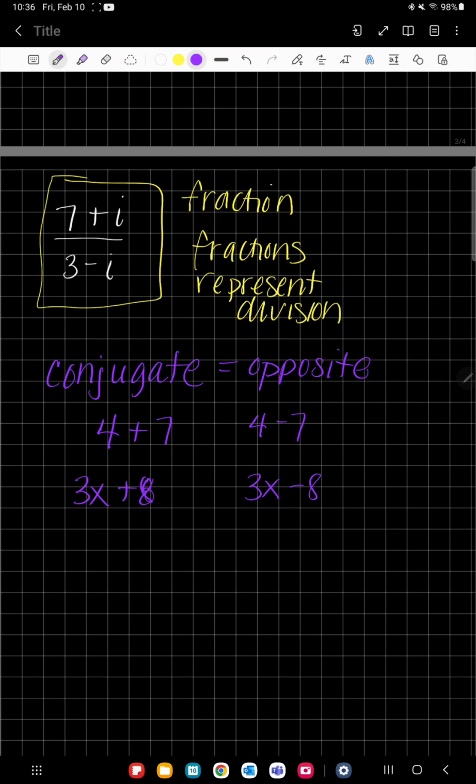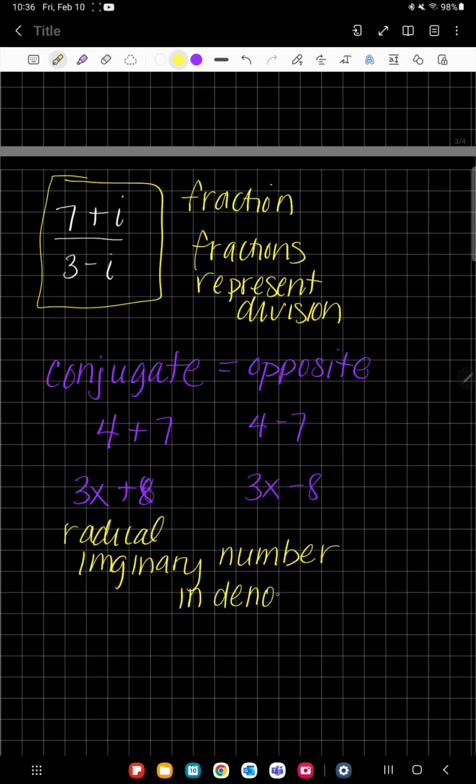Okay, so we're going to use conjugates. Anytime you have a radical or an imaginary number in the denominator, you're most likely going to use the conjugate. I don't know why I do that.